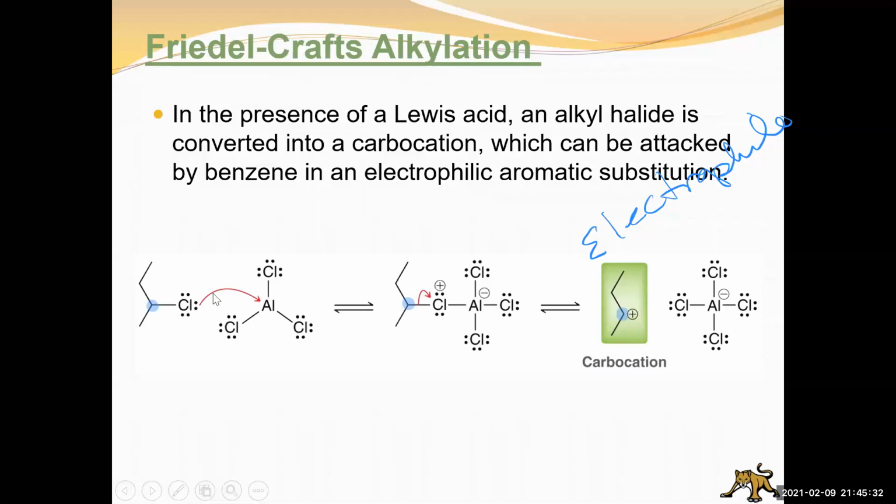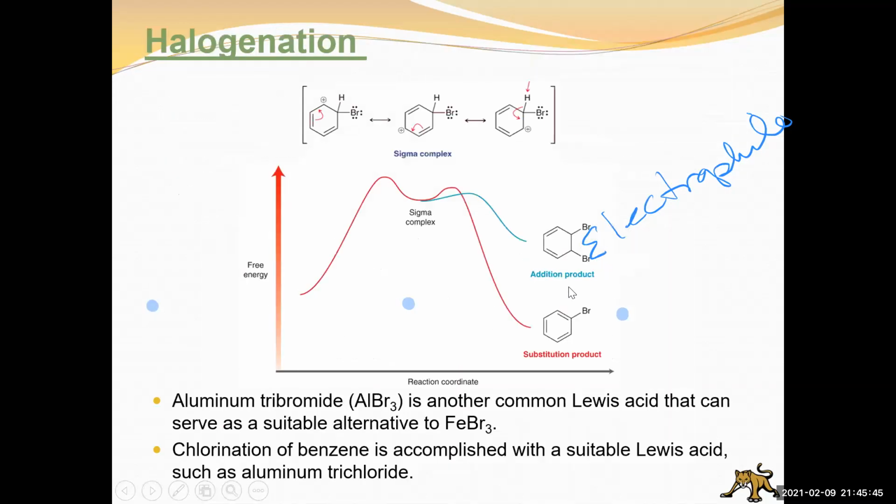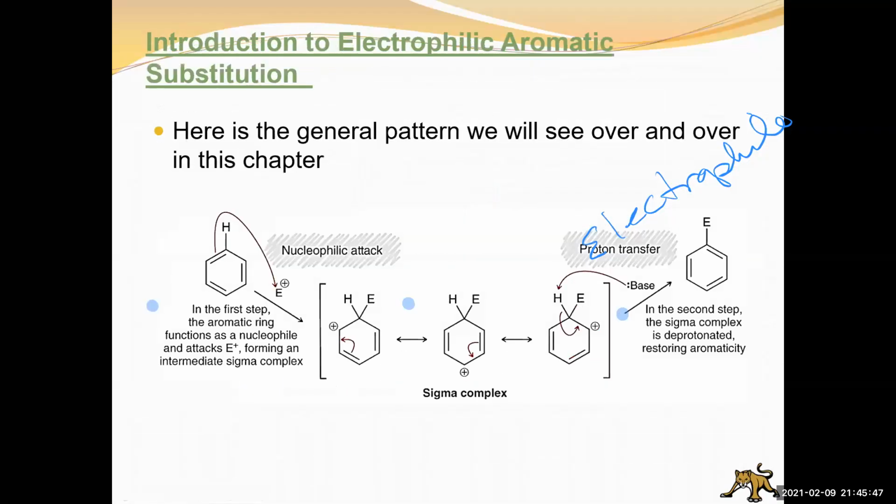It's an electrophile after you take the chloride off and you have a carbocation. So that's the electrophile that's going to get used here. The carbocation will be the electrophile that then runs through the rest of this process.